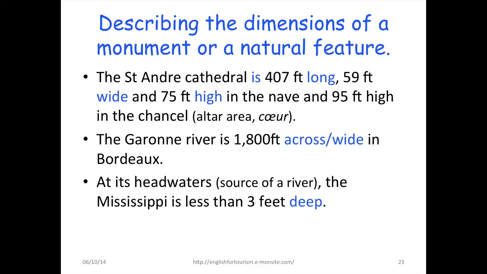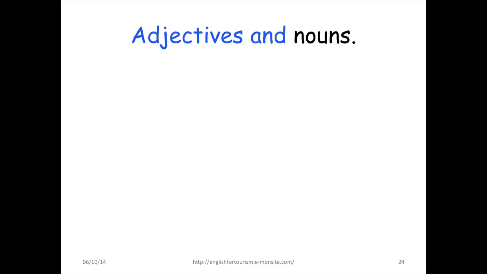Long is long, wide is large, high is haut. Across can be a synonym for wide in this instance. Deep is profond. Adjectives and nouns. The adjective is long, the noun is length.